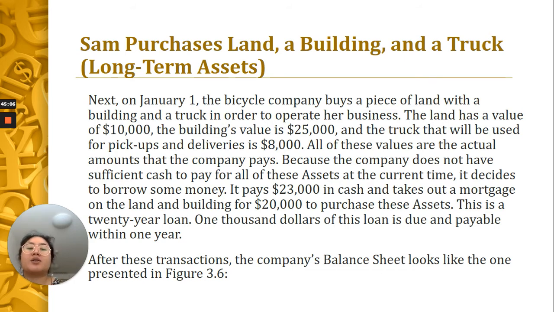Because the company does not have sufficient cash to pay for all of the assets at the current time, it decides to borrow some money. It pays 23,000 in cash, but takes out a mortgage on the land and building of 20,000 to purchase these assets. This is a 20-year loan.